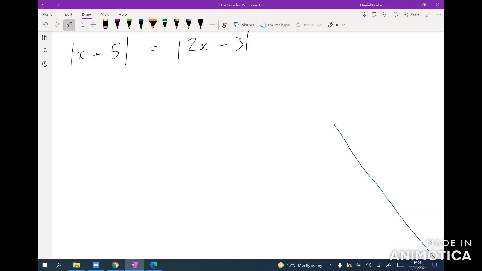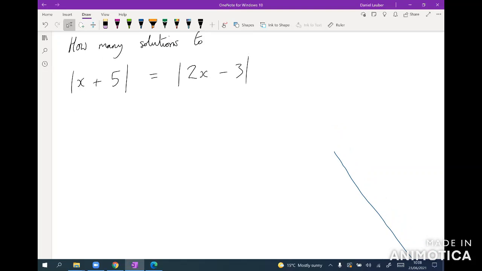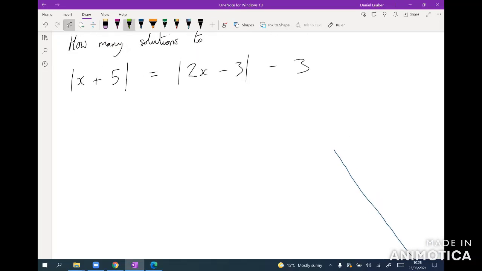Algebraically, that's going to be, in fact, let's make it a bit nastier. Okay, algebraically, that's going to be a complete pain to solve.